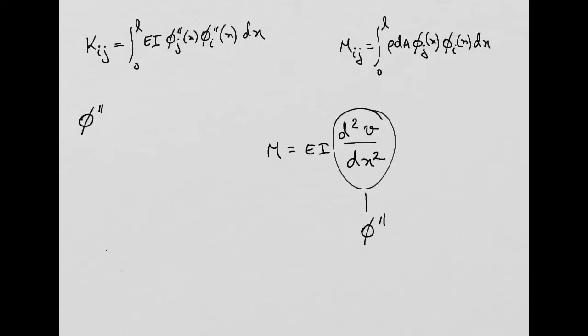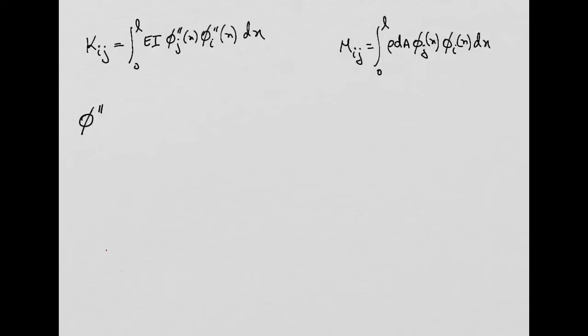But what I want to tell you now is that this second derivative function is going to be selected to respect the moment boundary condition. So we are going to do the analysis for a clamped beam now. Remember, last week we did it for a pinned beam. We are going to do it now for a clamped beam.